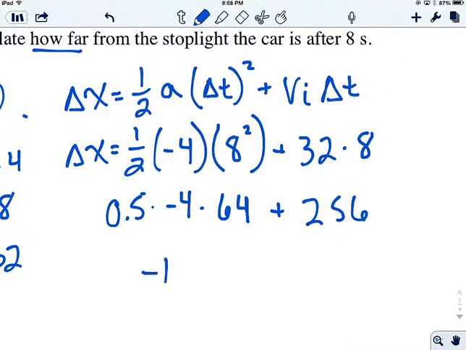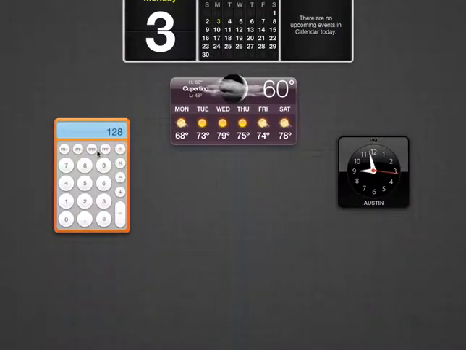So I've got -128 plus 256. I wish I knew how to make that thing do negatives. Hey, there we go, -128 plus 256 equals 128. So delta x equals 128 meters.